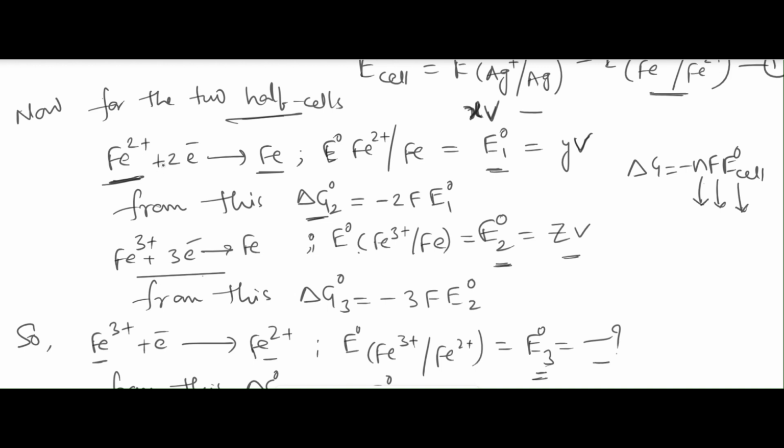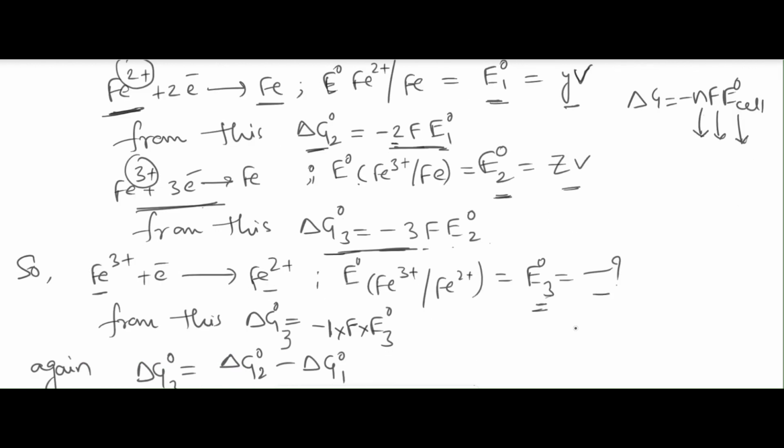Here n is the valency, F is Faraday, and E naught cell is the electrode potential of that cell. As per this equation, the charge is 2+, so I have taken n as 2. We can substitute E1 naught as Y volts at the end, which will be easy for the calculation. So delta G1 is minus 2F E1 naught. Similarly, for the other reaction, the Gibbs energy change will be minus 3F E2 naught.